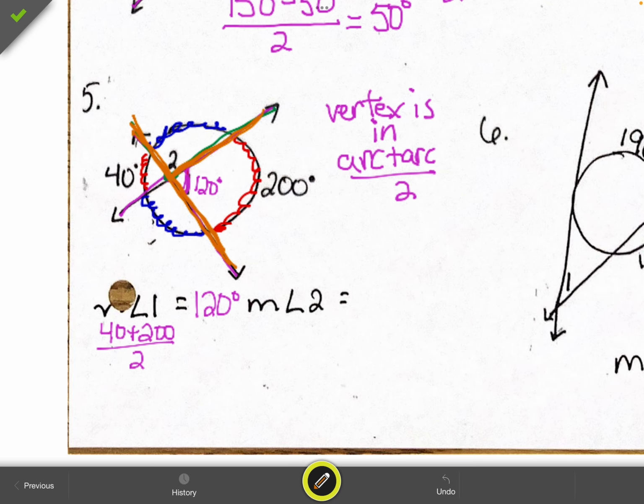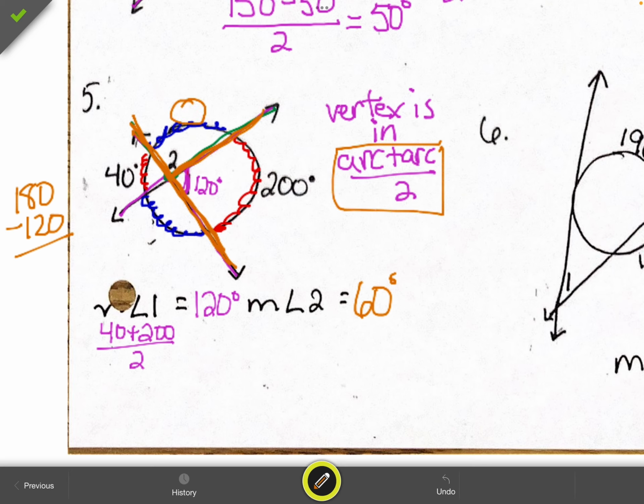So to get angle 2, if I know angle 1 is 120, all I would have to do is subtract using linear, something we learned like the second week of school, and that tells me angle 2 is 60. So I didn't even have to use a formula, and I really couldn't use this formula because I don't have any number on this arc, and I don't have any number on this arc. So I couldn't do arc plus arc divided by 2. Okay. So I actually had to use the linear pair.